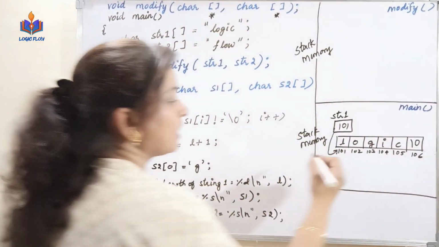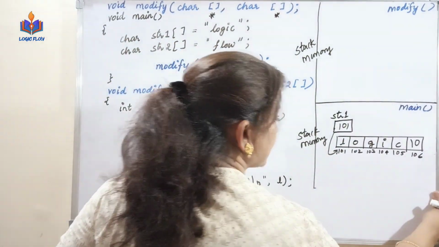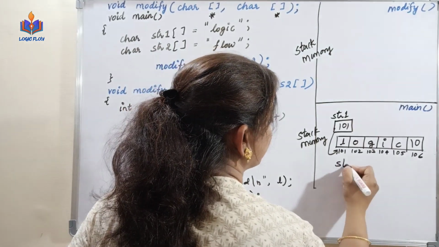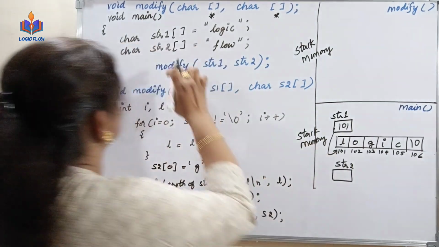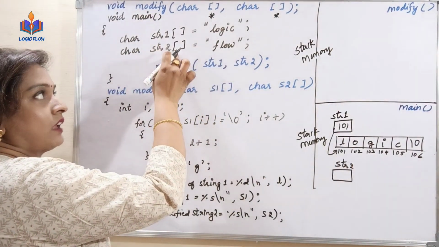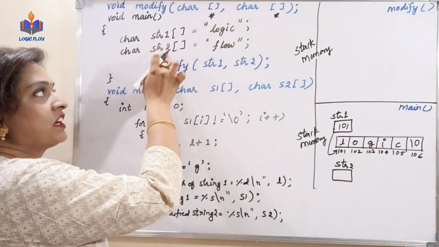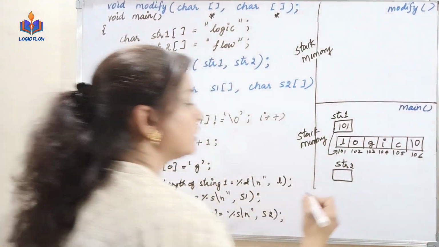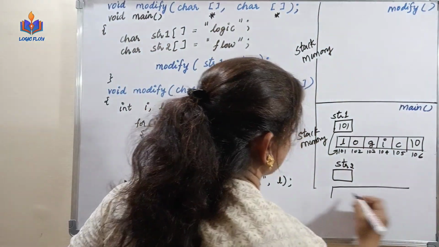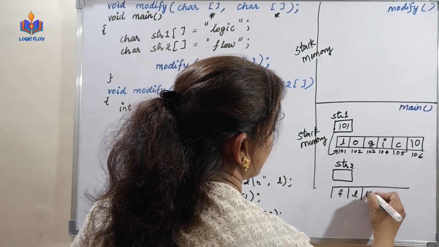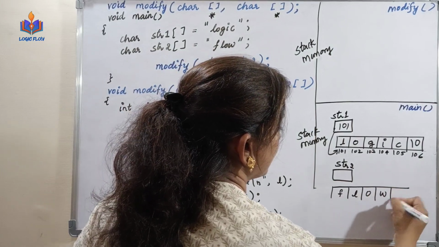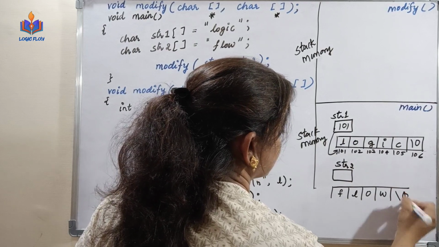The same way we will have str2. Again it is a character array, which means it will be interpreted as a pointer to character. Here we have the next string, which is flow: F, L, O, W and a null character.